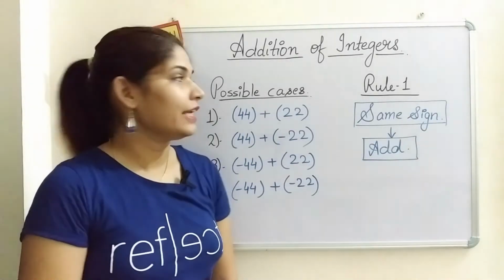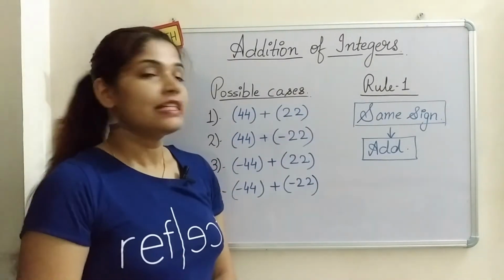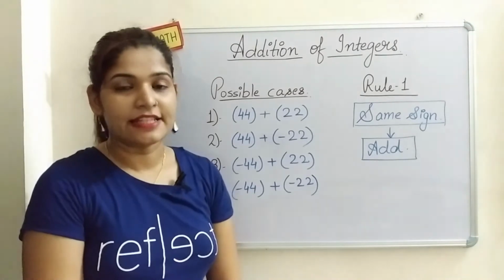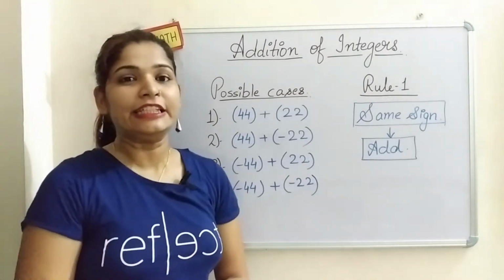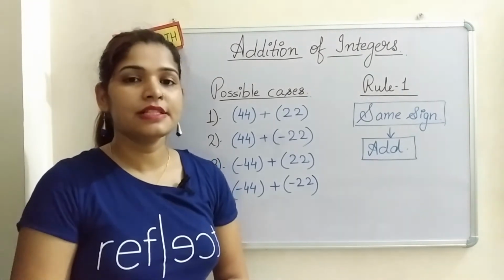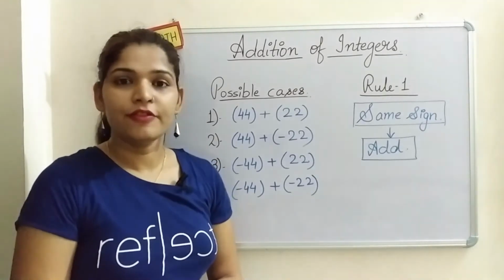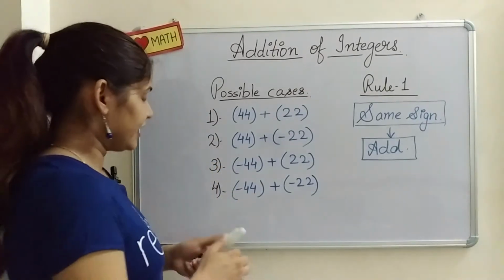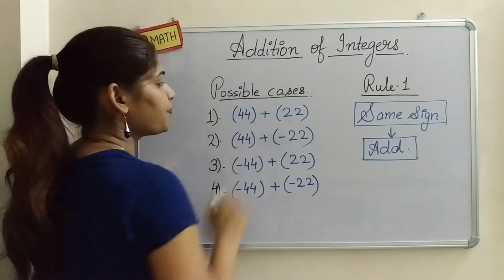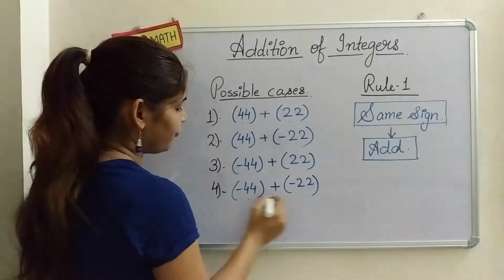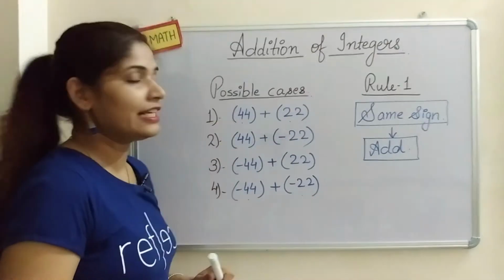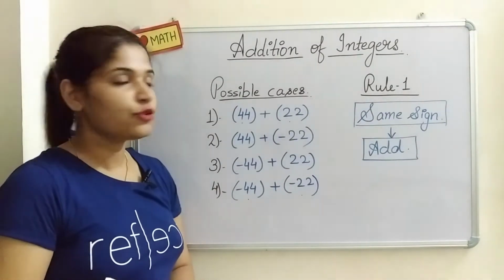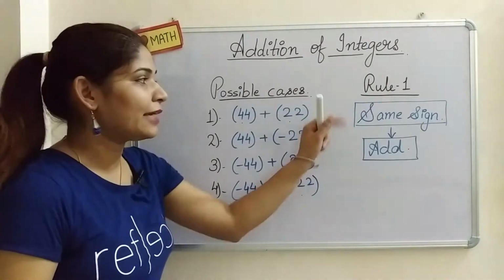So rule number one is, when we have integers with the same sign, meaning both the integers are positive or both are negative. Like in case 1 we have both positive integers, and in case 4 we have both negative integers. In this kind of situation we follow rule number 1, the same sign rule.